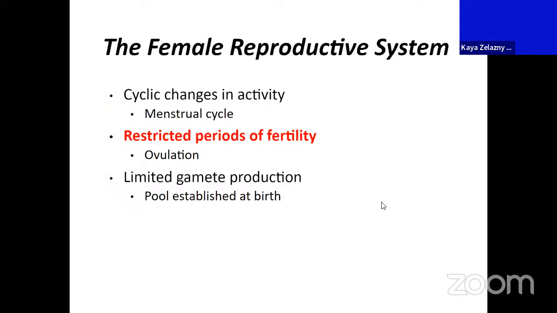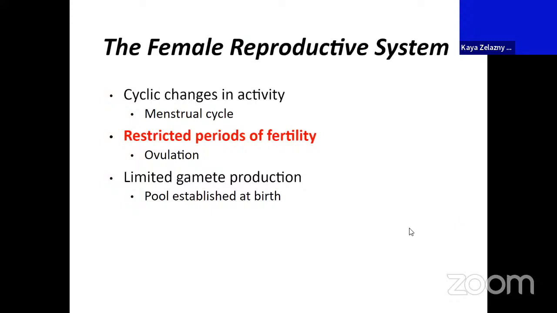Okay. So when we're talking about cyclic changes in hormonal activity, really we're talking about the menstrual cycle. Now, the menstrual cycle and the influence of these hormones, controlling the development and release of the ova, the eggs, means that in the female, we have restricted periods of fertility.